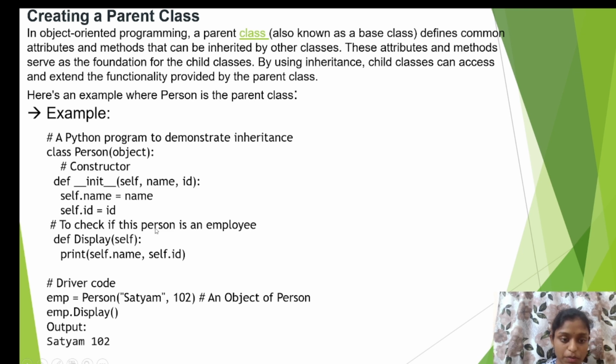And to check if this person is an employee, I took one more method, that is def display(self), and print self.name and id as we defined previously. And here I created an object, as we know that for every class we have to create an object. Here I created the object emp, that is nothing but employee, equals to the class name Person. And I passed arguments Satyam and 102 as name and id of the employee.